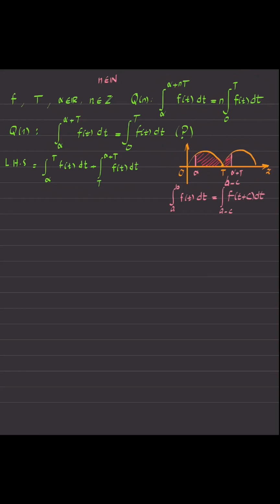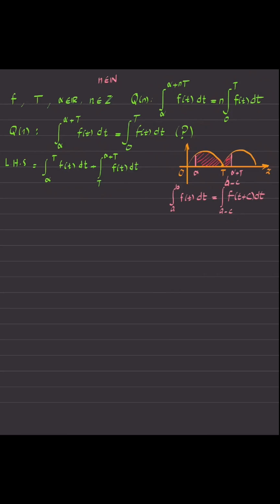I can do it the other way around. If I subtract from the upper and lower limits, I have to add the same amount here. But if I add a number to the lower and the upper limit, then I have to subtract it from my argument.